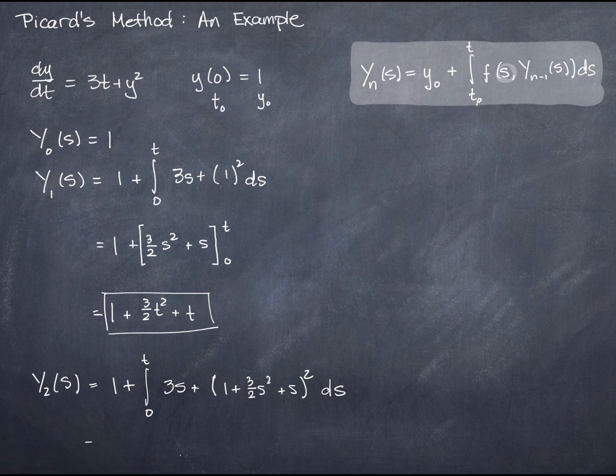I think probably the easiest way to do that will be to integrate, let's say, 3s plus, I'm going to distribute this. I have 1 plus 3/2 s squared plus s all squared.